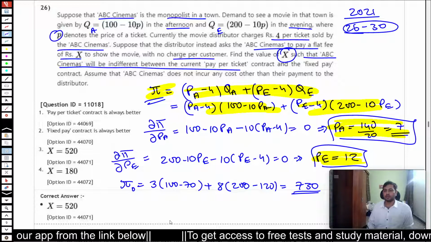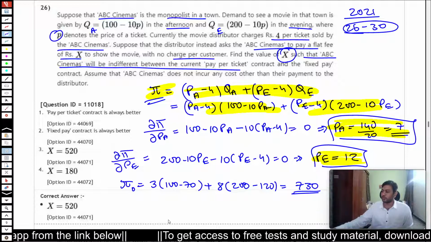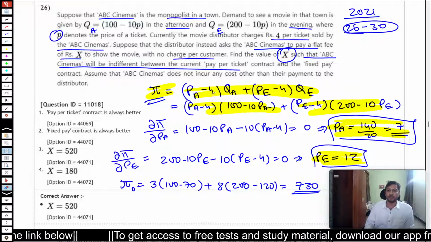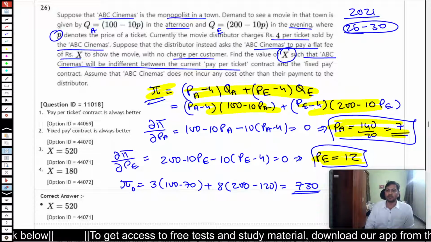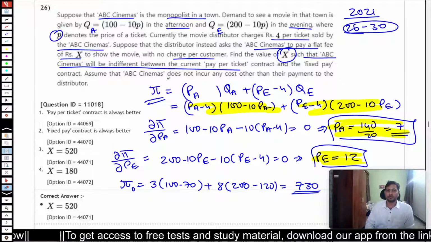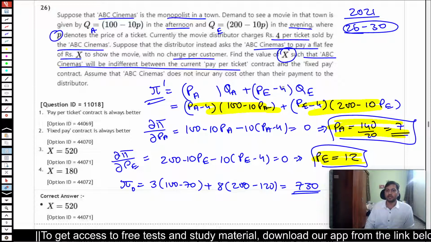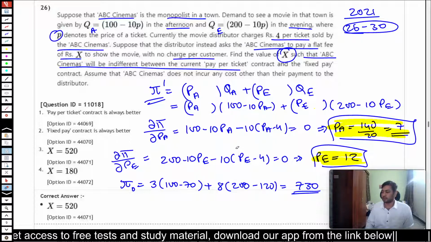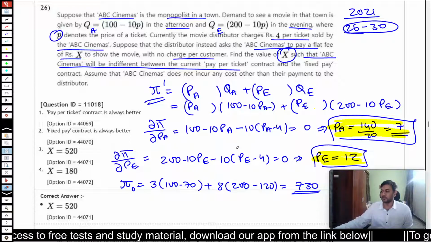Okay. Now in the second part, we'll repeat a similar process, but instead of PA minus 4 and PE minus 4, we just have pi prime equal to PA and PE times the quantities. So we are going to solve this particular set of equations.